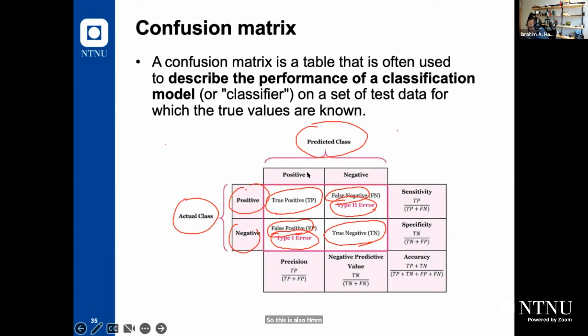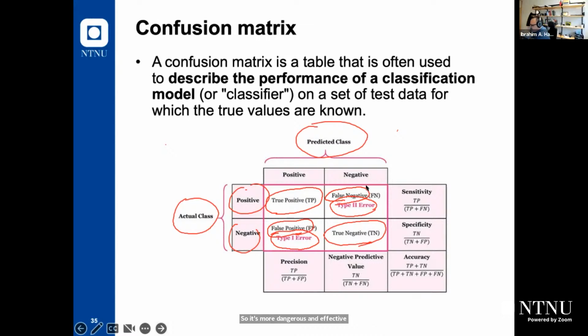It's better to get a false alarm instead of. Yeah, correct. Sorry, I meant the opposite. Type 2 is more dangerous, because he is positive, but he is classified as negative. So we have a fire, but we cannot classify it as a fire, for example. Exactly. So it's more dangerous, in fact, to have this type 2 error.